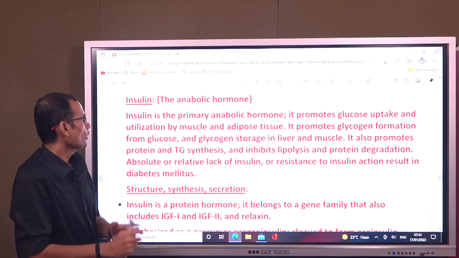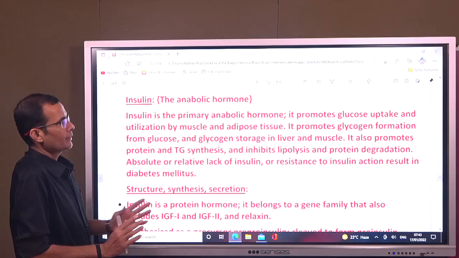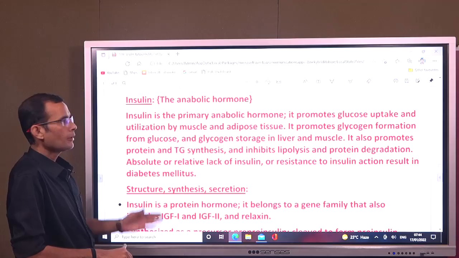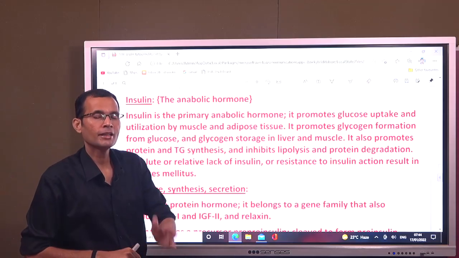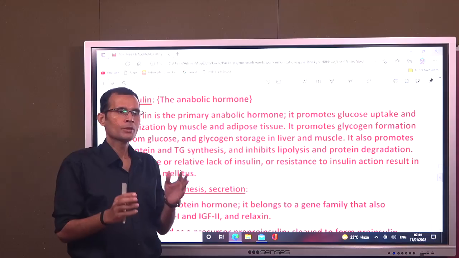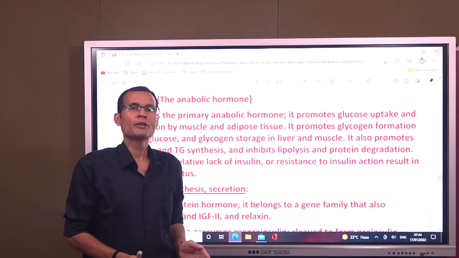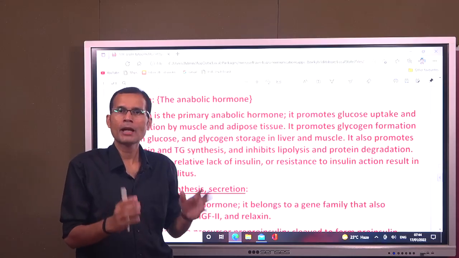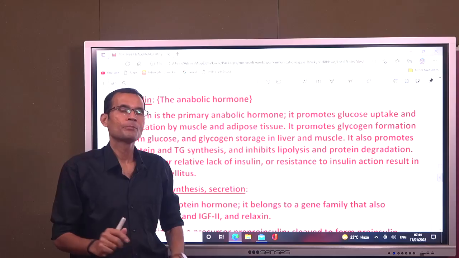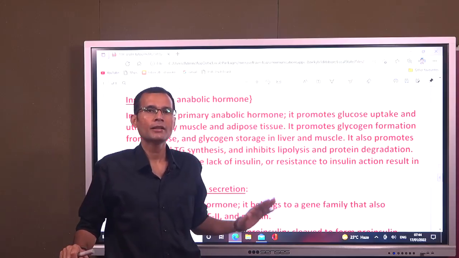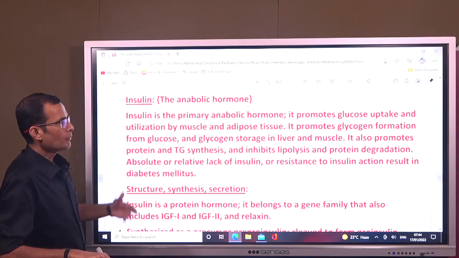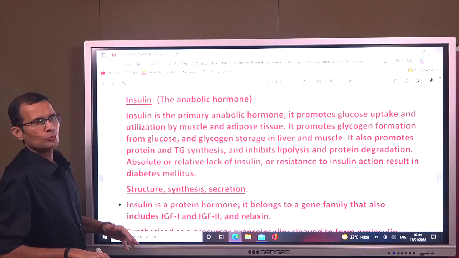Insulin, the anabolic hormone. Insulin is the primary anabolic hormone. It promotes glucose uptake and utilization by the muscle and adipose tissue. Now, remember forever that the two primary target tissues of insulin are muscle and fat, adipose tissue. It will promote glycogen formation from glucose.